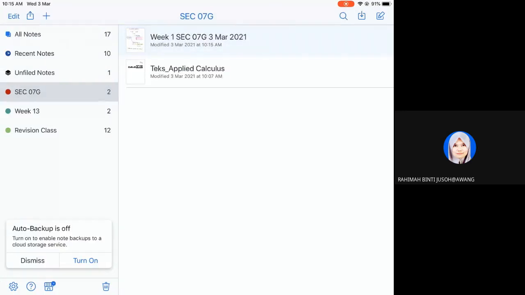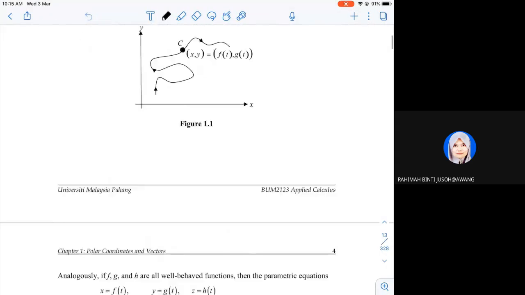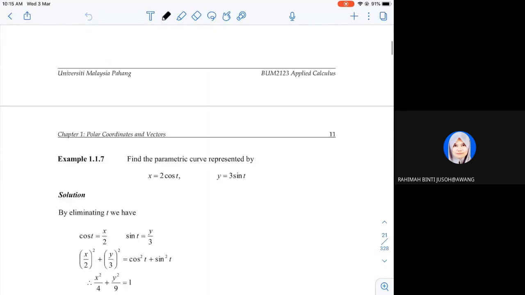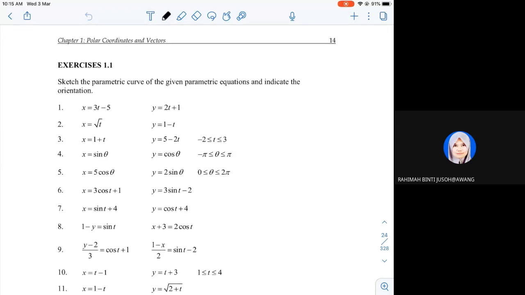Okay, look at this. Exercise 1.1. Let us look at question number 1.